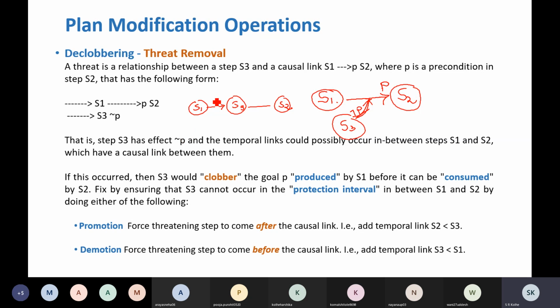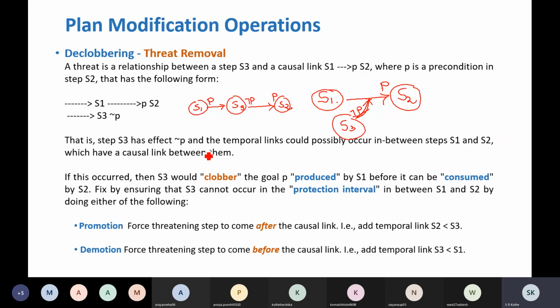So the effect of S1 is P, the effect of S3, that means the result of executing S3, is not P. But the requirement of S2 is P, and it is getting not P.